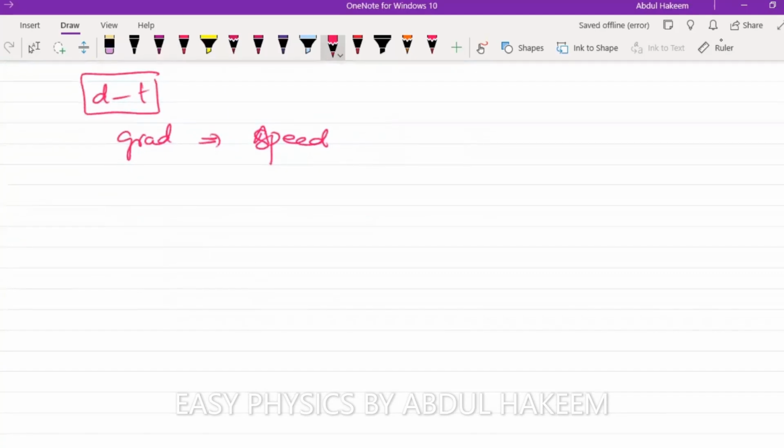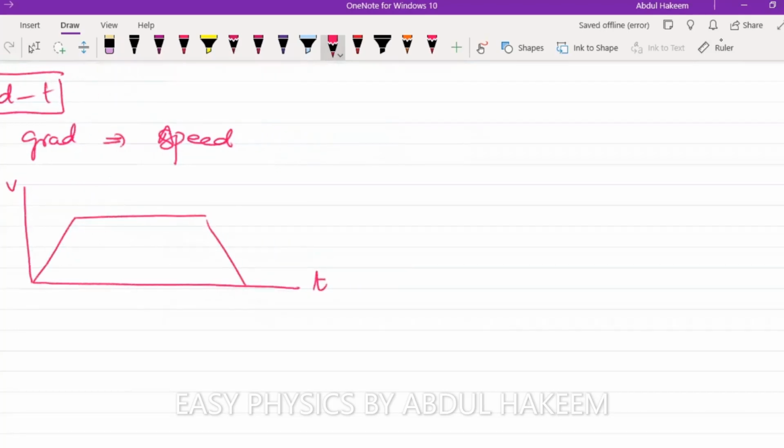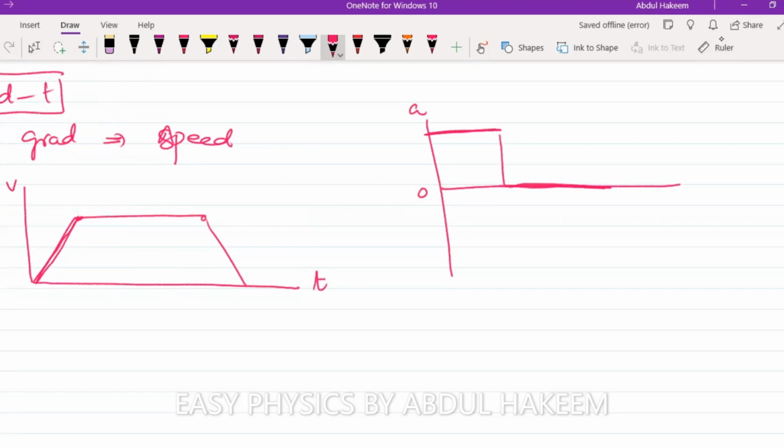Now, suppose this is the velocity time or speed time graph. Its acceleration graph will be, look here, the positive acceleration is constant. For this portion, there is no acceleration. And for this, acceleration is constant but negative. This is the graph.